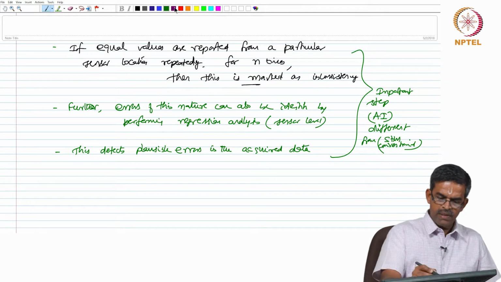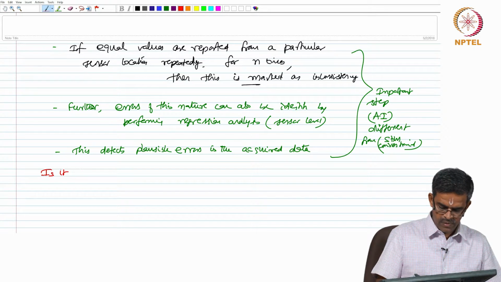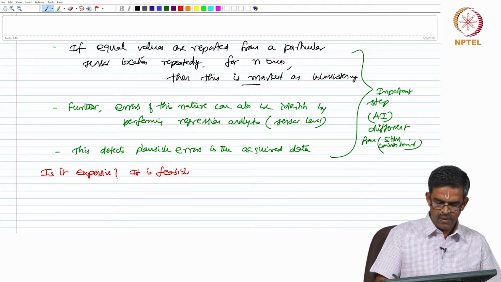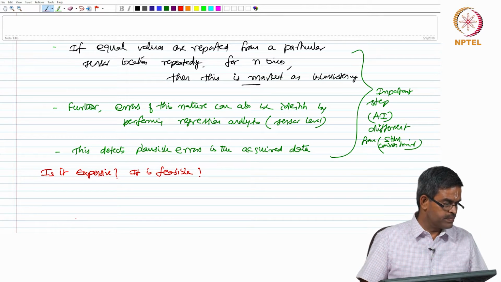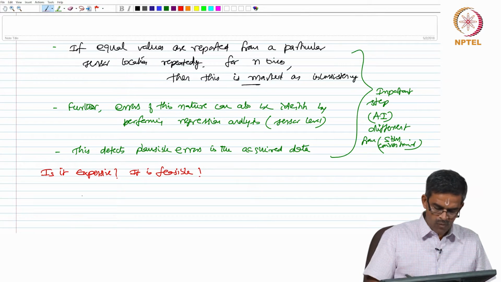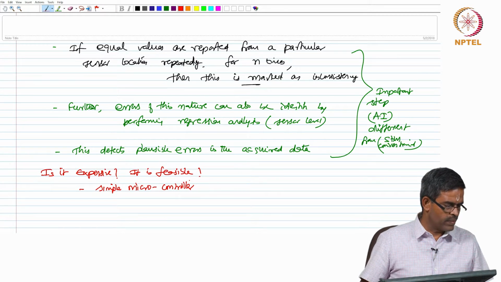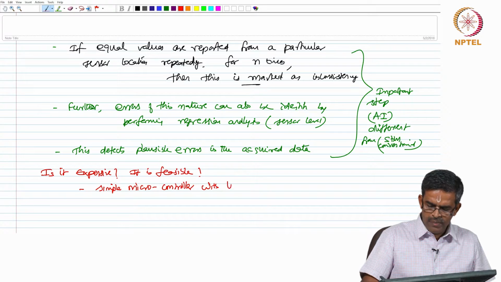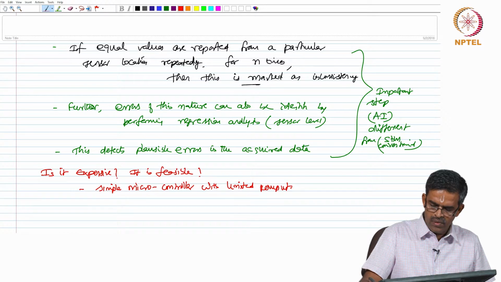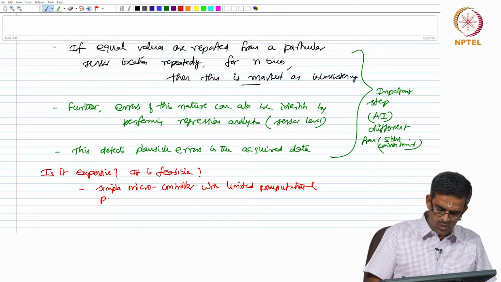Now, is it expensive? Is this process feasible? The answer is very simple. One can use a simple microcontroller with limited computational power to do this job.